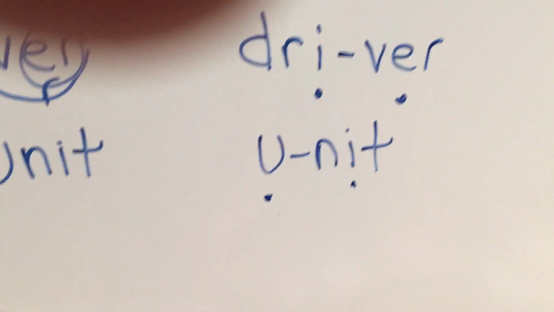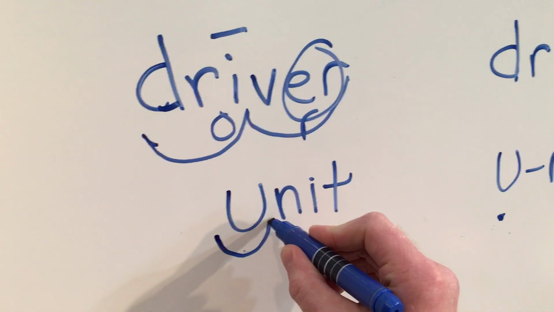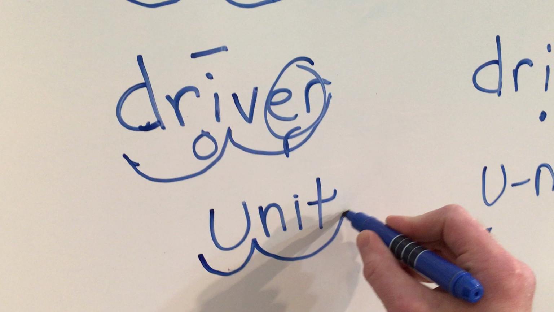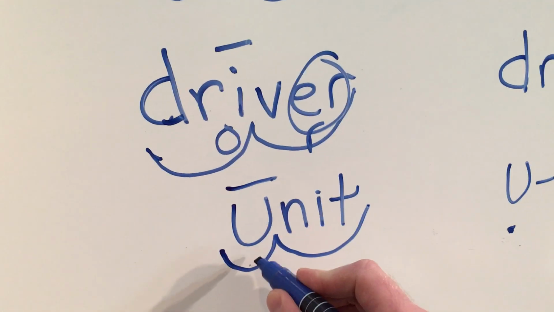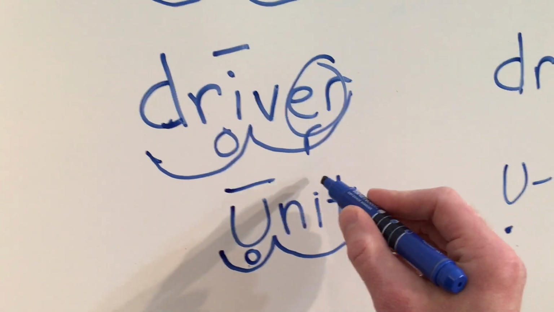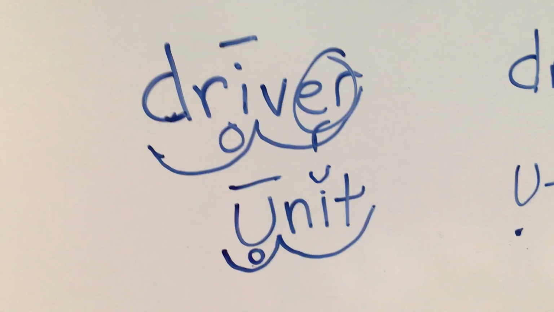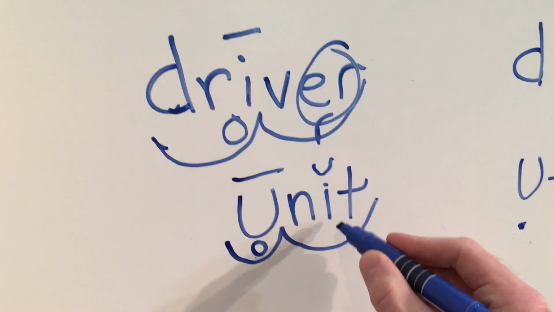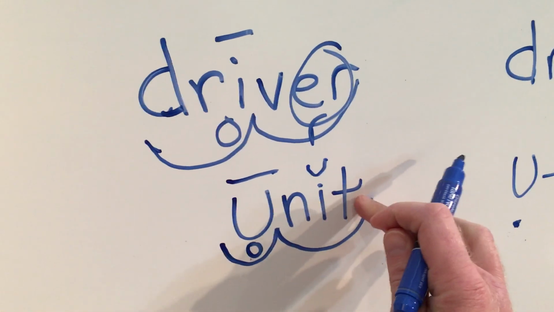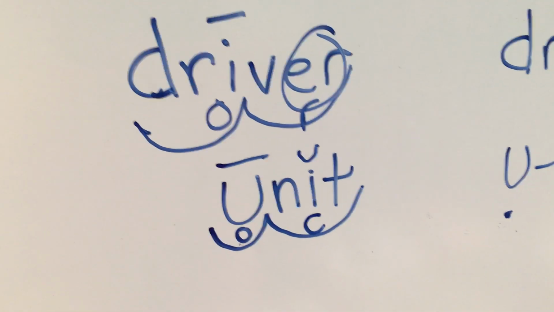Knit is on its own over there, so we scoop this guy up. U, first scoop for the first syllable, knit. Give it a macron, give it an O for an open vowel syllable. Knit, it's a short I. This is the opposite of an open syllable. That's a short I. That means it's blocked off by a consonant, so that makes it a closed syllable.